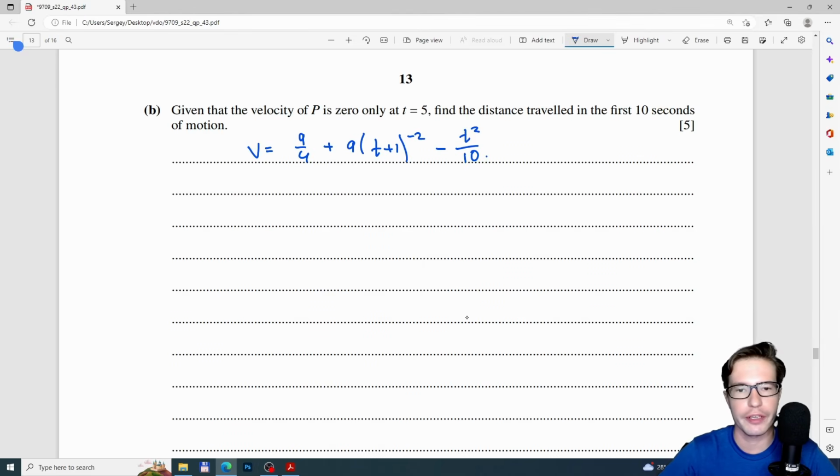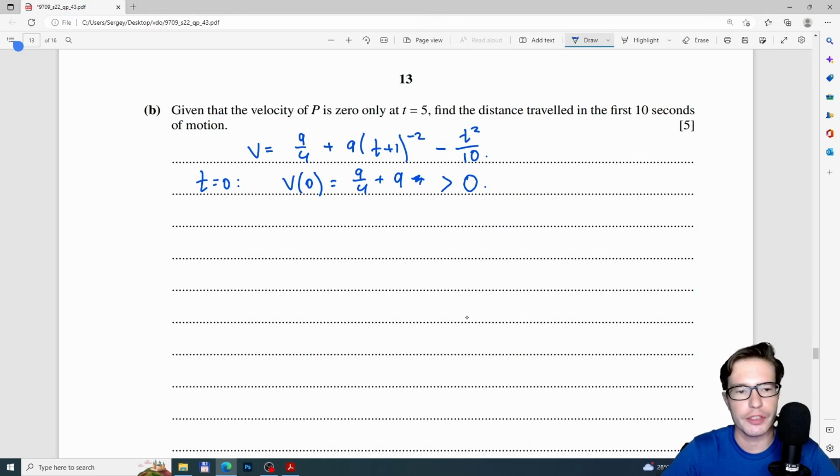First I want to find the sign of v when t equals 0. So I'll substitute 0 in the formula, so I get 9 over 4 plus 9 minus... and that's going to be obviously bigger than 0.